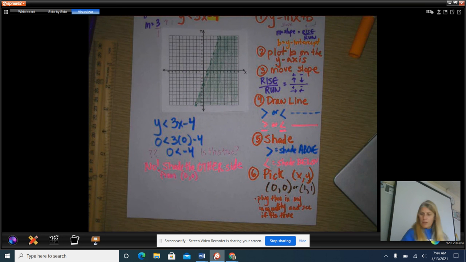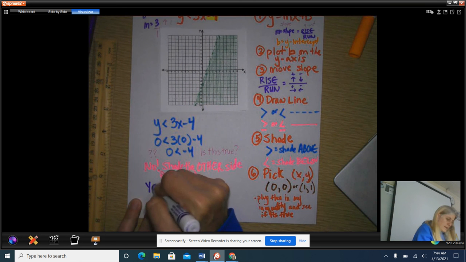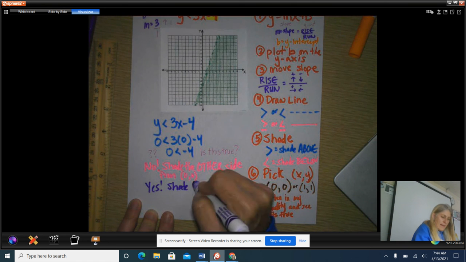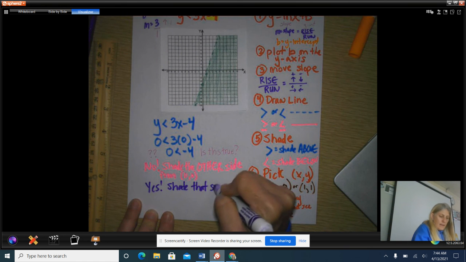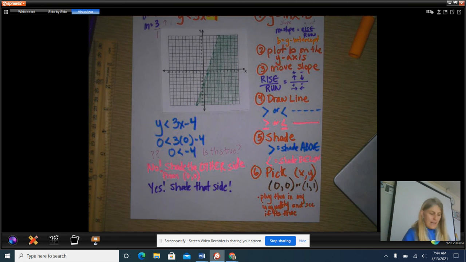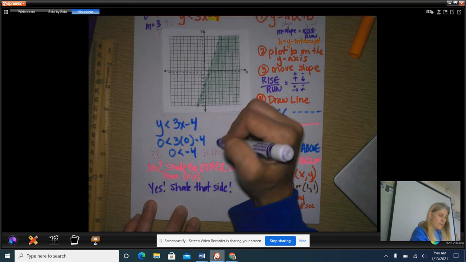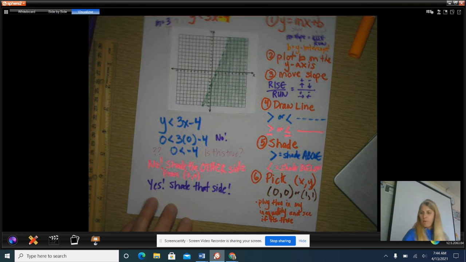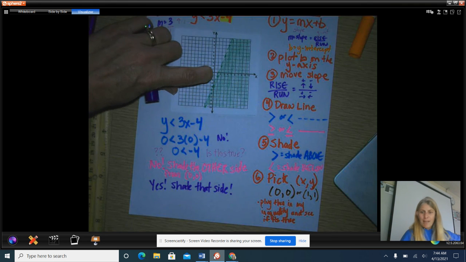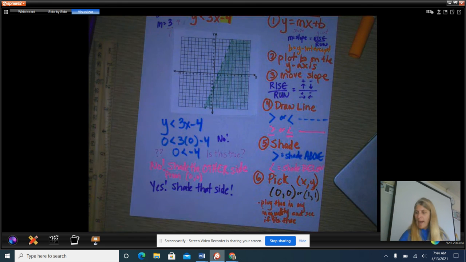If the answer is yes, then I'm going to shade the side that contains the point 0, 0. So is 0 less than negative 4? Well, no, 0 is not less than negative 4. So that means the point 0, 0 should not be shaded. And that is what happened. So I did verify that.